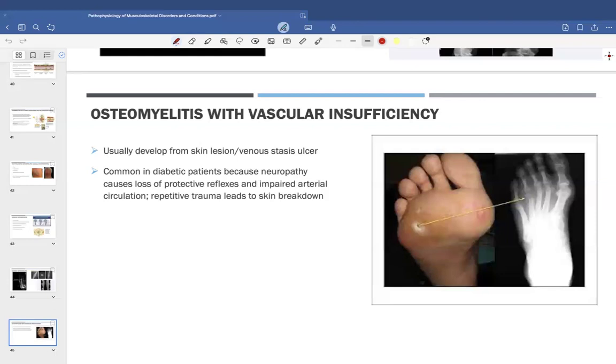I can't tell you the exact situation here. These are plain films. This one's using the MRI. That's an MRI there. But, you know, this may be later in the progression so that you could actually see this. You're not gonna see that on a plain film.